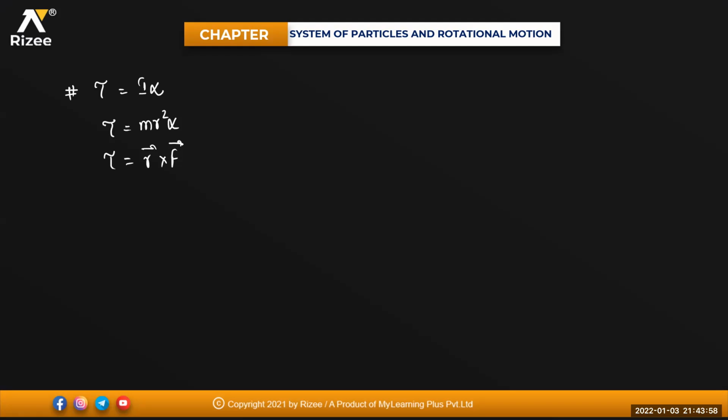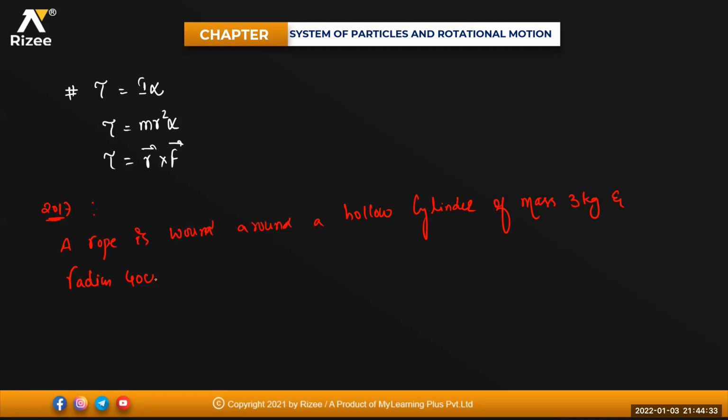Let us try to do some problems based on this model. See, in 2017 there was one question based on this. The question says something like this: a rope is wound around a hollow cylinder of mass 3 kg and radius 40 centimeter.